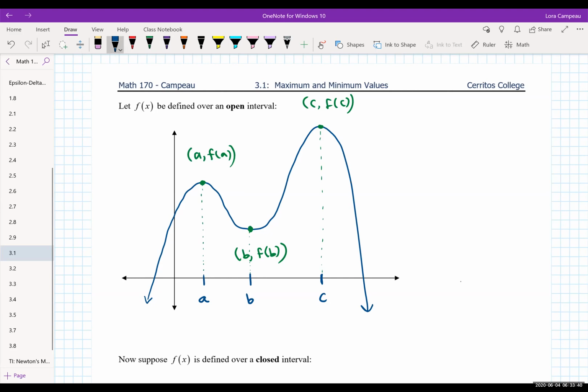So I just like to point out, we're going to define points that look a certain way as local maximums. In our case, we have plural. And this would be the y values, f of a and f of c.